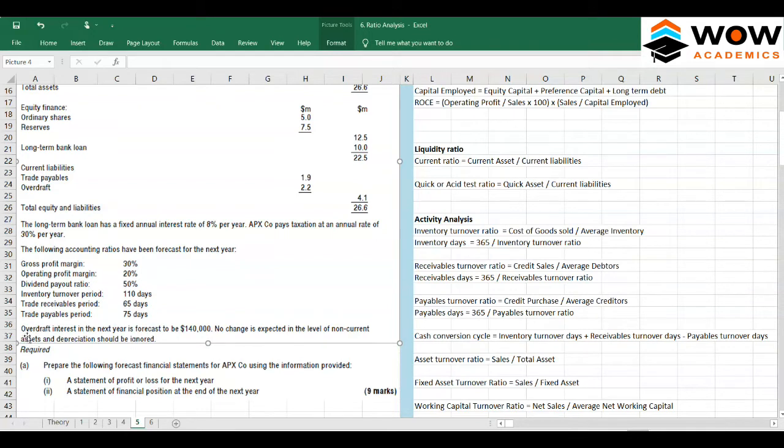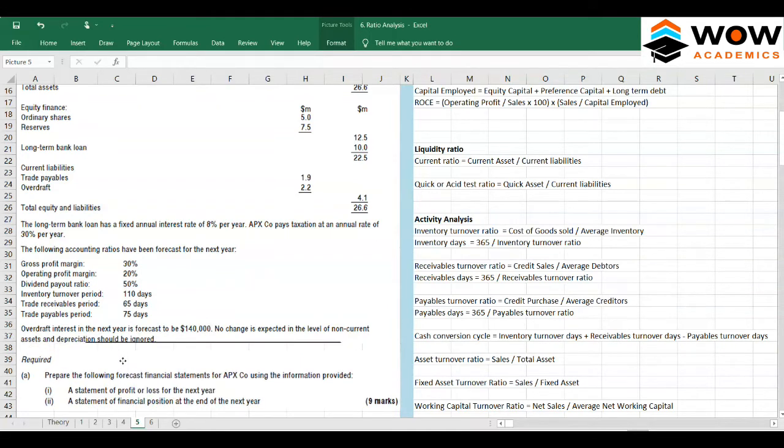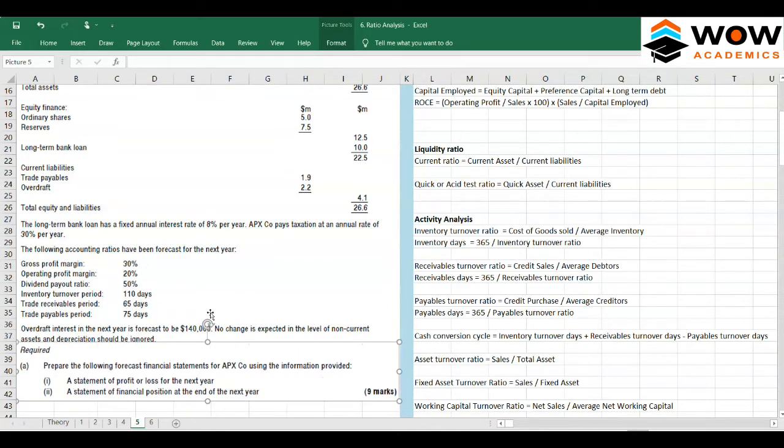Overdraft interest in the next year is to be forecasted at, so the interest alone for overdraft is going to be $140,000. No change is expected in the level of non-current assets, and depreciation should be ignored. So that's about the concept here.